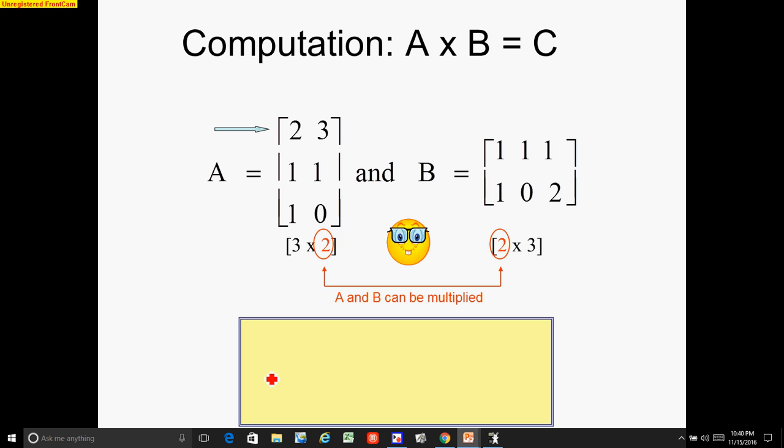So there's the first row, 2 and 3, and the first column, 1 and 1. So you multiply 2 times 1 and 3 times 1. Then you multiply 2 times 1 and 3 times 0. Then 2 times 1 and 3 times 2.